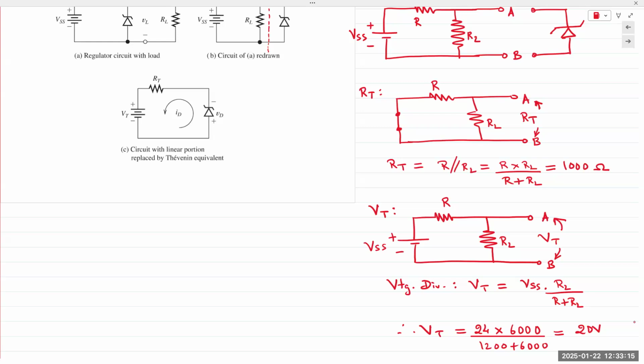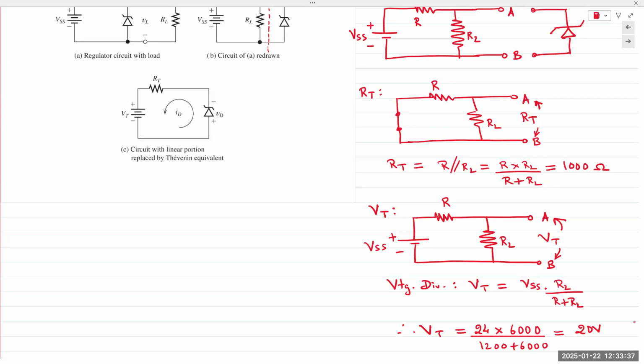If RL is small below a certain level and R is larger than RL, then the supply voltage to the Zener diode, meaning VT, the Thevenin voltage, would be far smaller, and the diode won't turn on. Does that make sense to everyone?